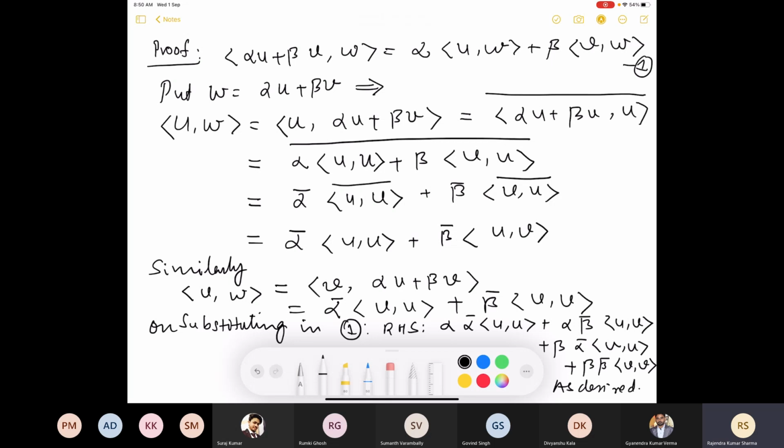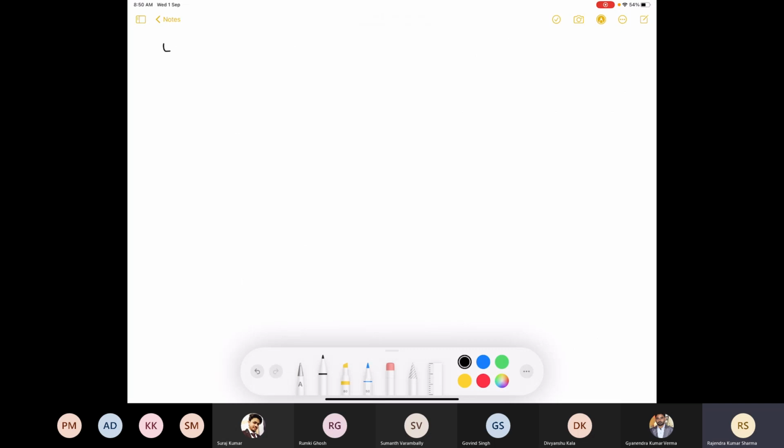Now, as a particular case, straight away one can substitute here, say, for example, beta as 0. So what we get is alpha u comma alpha u. So this gives in particular, if you put beta as 0 or v as 0, in both such situations beta v will be 0. So this will give you norm of alpha u square.